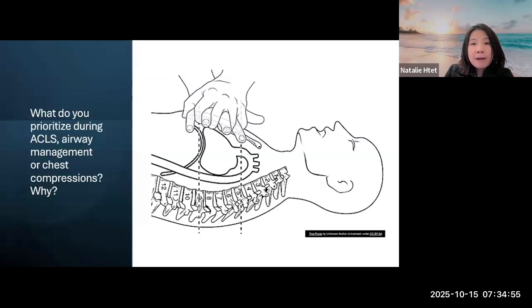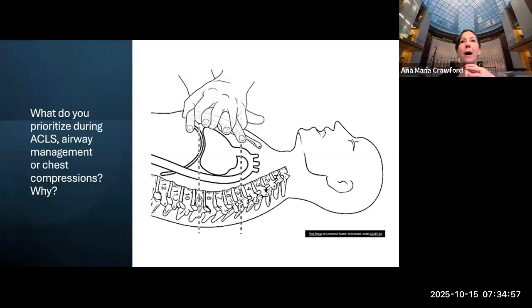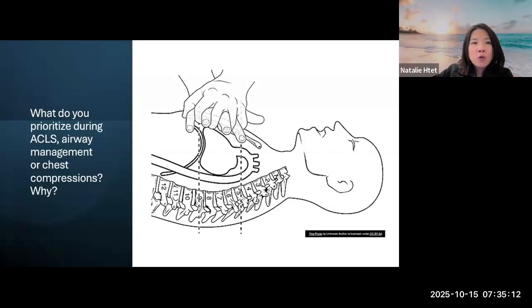Can I ask you, Dr. Tett, a little bit about what happens during the compression and what happens during the recoil and why that's so important not to interrupt that sequence of compression and recoil? Yeah, so the recoil is the phase where coronary perfusion happens.